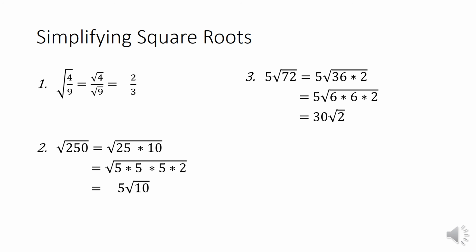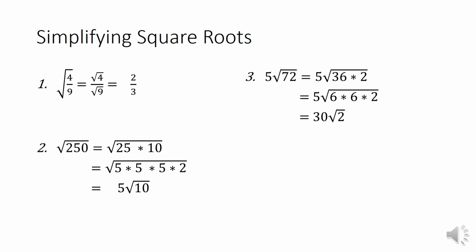All right, and just one more, if we're looking at number 3. In your packet, this is actually going to be number 9. We have 5 times the square root of 72. Now, 72 is the same as 36 times 2, so we can rewrite that square root in that way. 36 is equal to 6 times 6. So we have two numbers that can pair up with each other here.